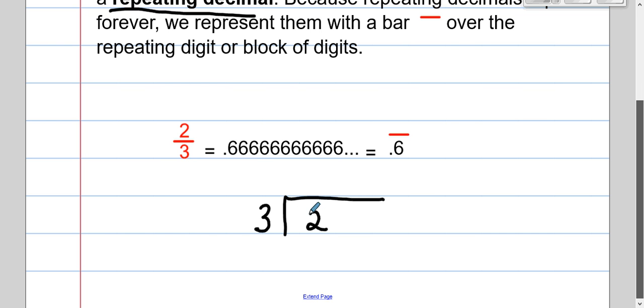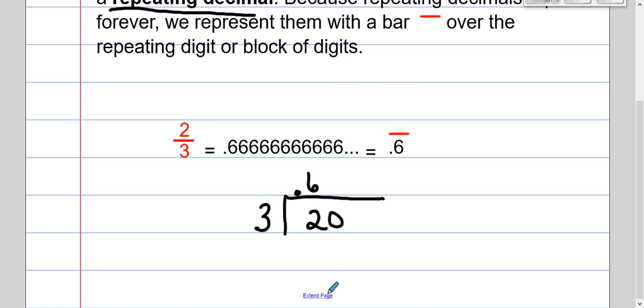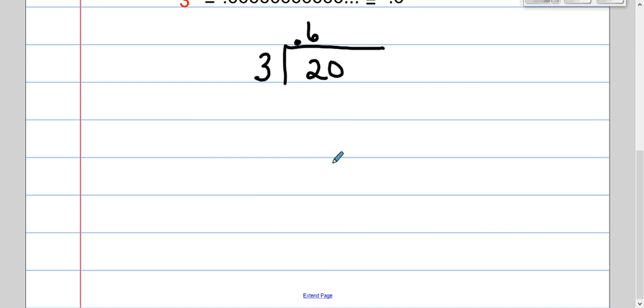Okay. So 3 goes into 2 no whole times. So I'm going to put a decimal there. 3 goes into 20 6 whole times. 6 times 3 gives me 18. Now when I subtract, I get 2.